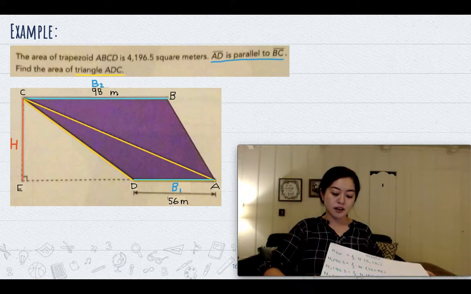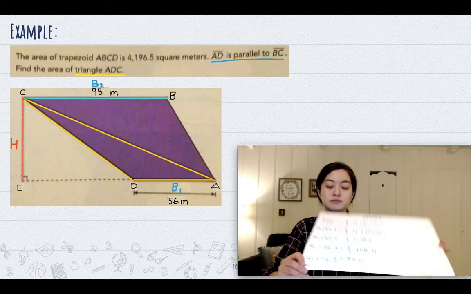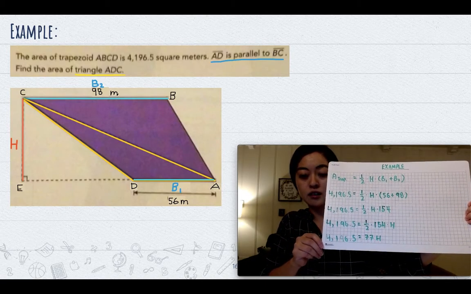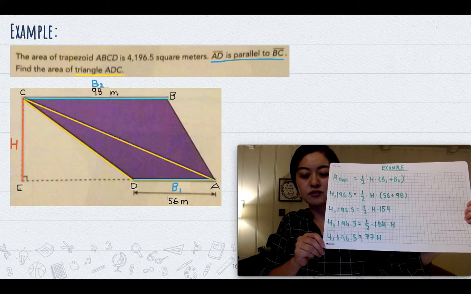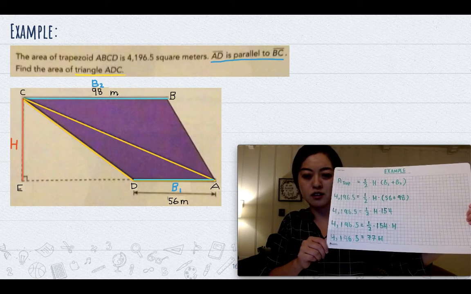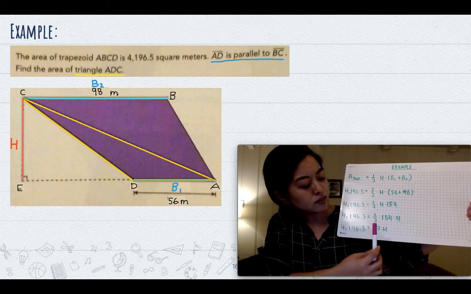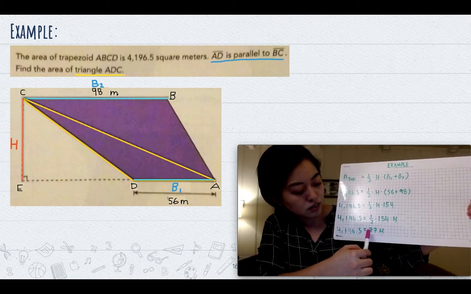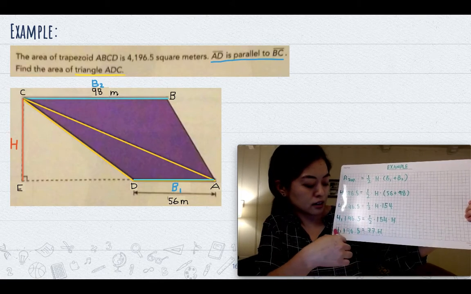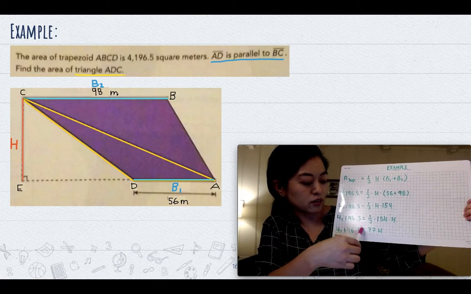Okay, and that'll become this. Okay, 77h is half of 154h. Okay, so now I have a number being multiplied to an unknown variable h, and then I have a total on the other side of the equal sign.